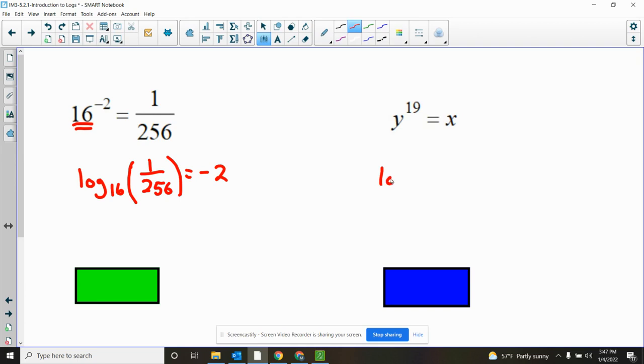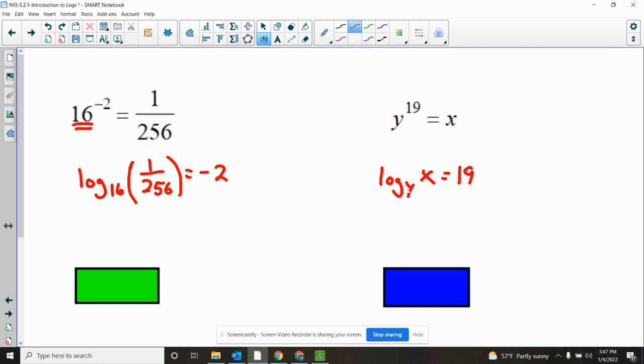So again, starting with the word log, the y is the base of the exponential, so it's also the base of the logarithm. So write it just a little lower than the g in your log. The exponent is what the logarithm gives me, which means the x must be the number that goes inside here. You don't need parentheses here, but it's also not bad to put them in. When in doubt, I would say include the parentheses.